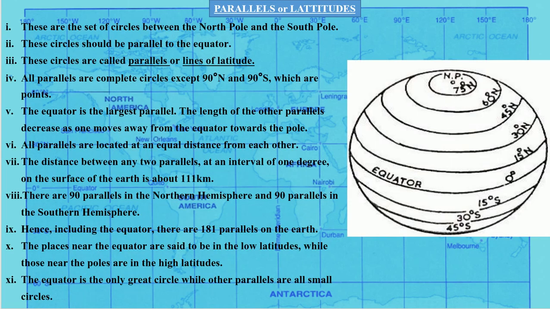We already studied in the very first video about parallels. Parallels are the horizontal lines. These are the set of circles between the north pole and the south pole, running from west to east, and these circles are parallel to the equator.